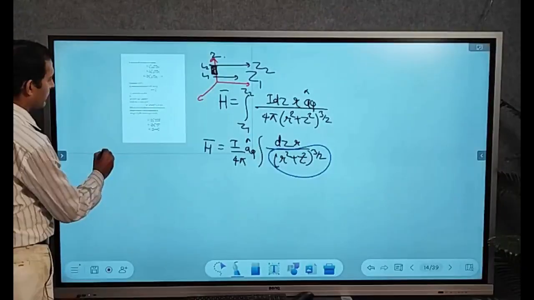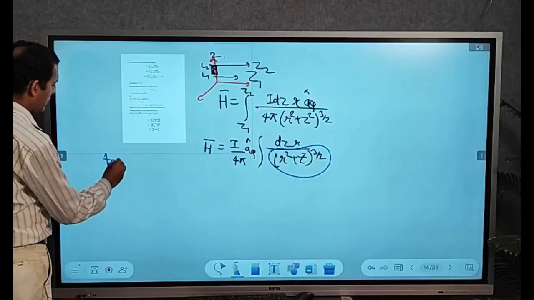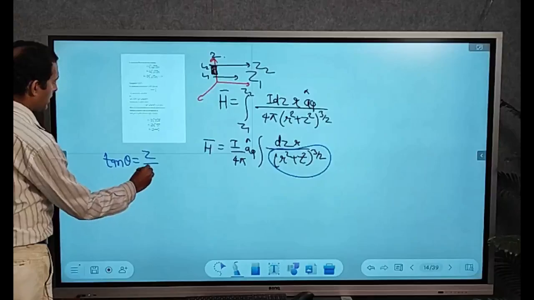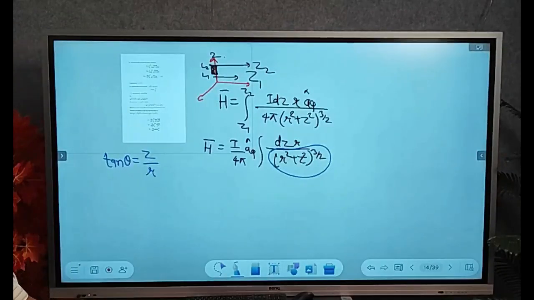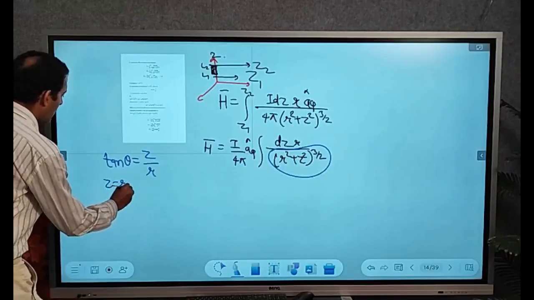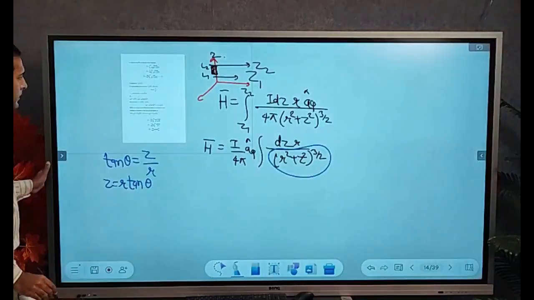So let us say tan theta is equal to z by r. Then we can say z is equal to r tan theta.